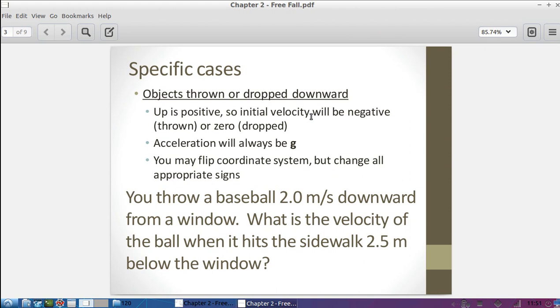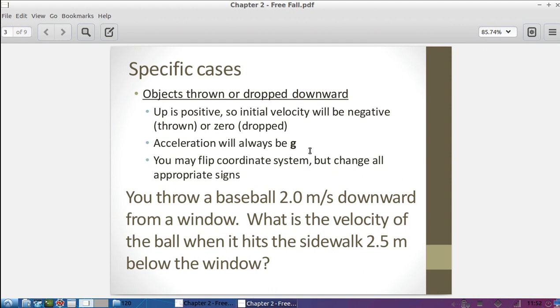When it leaves my hand, I'm going to say it has an initial velocity of 0. Maybe the initial velocity will be given to me in the problem, maybe I'll have to solve for it. But if I drop an object, its initial velocity is going to be 0. Acceleration will be 9.8 meters per second squared in the negative y direction.